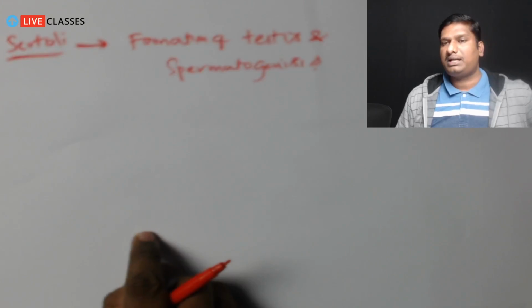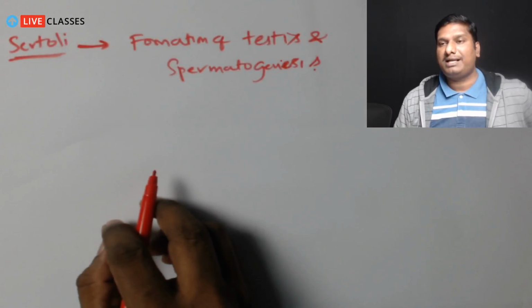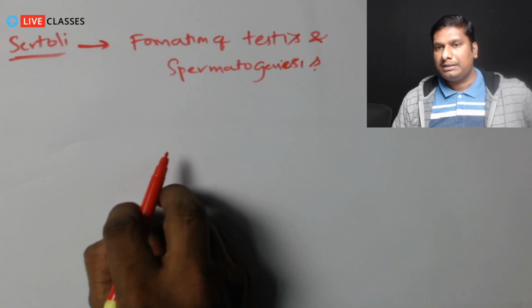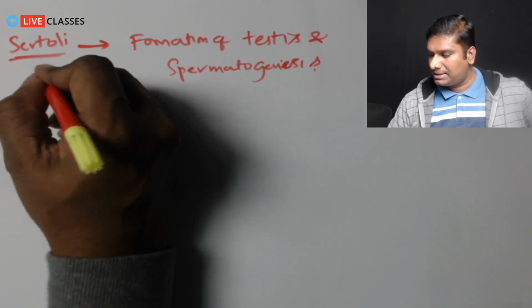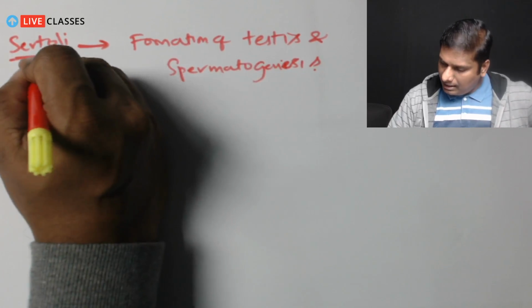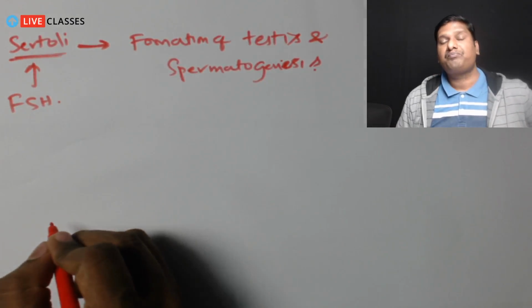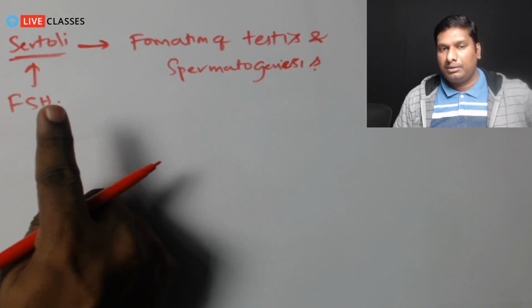All the androgens are produced by the Leydig cells. The Sertoli cells are stimulated by the follicle stimulating hormone of the pituitary gland.